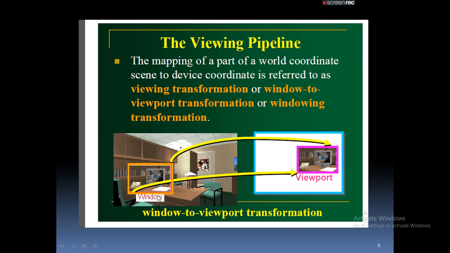Please see this slide. When we want to display the image on the screen of the monitor, we need to map world coordinates, or modeling coordinates, or viewing coordinates, to our viewport coordinates. Only when you perform this series of transformations can you display the particular object on the screen of the monitor.